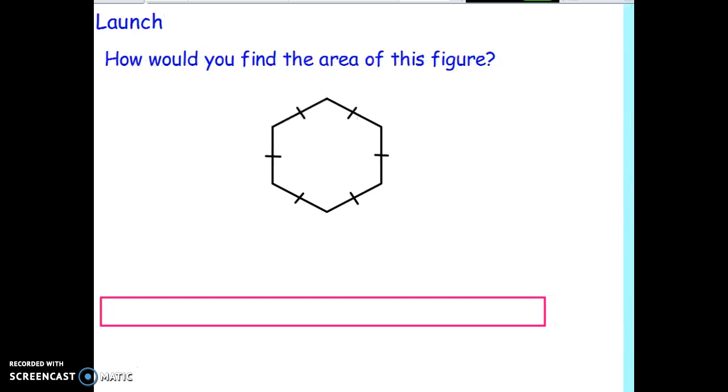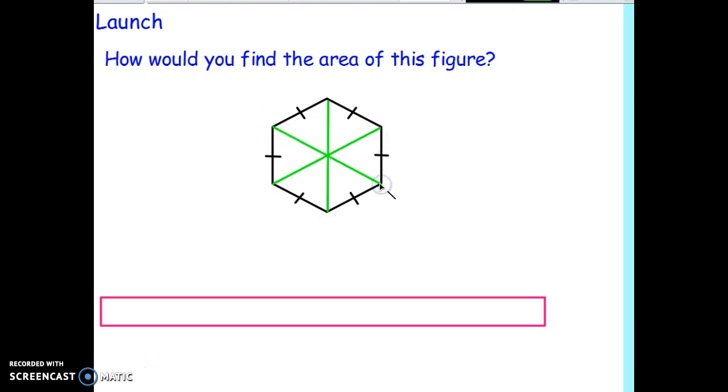In class, we talked about finding the area of figures that we don't know. One of the things we talked about was cutting this up into figures that we do know, like triangles.